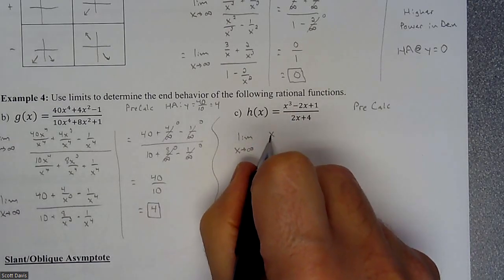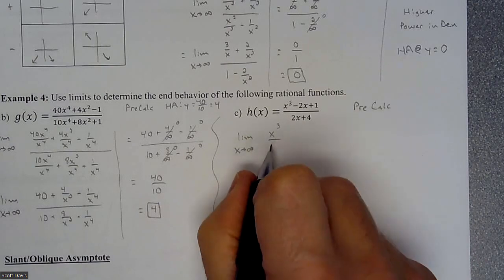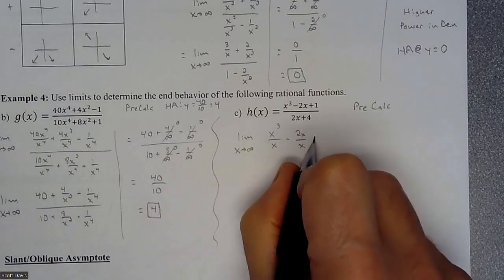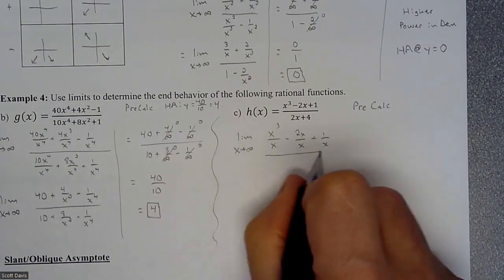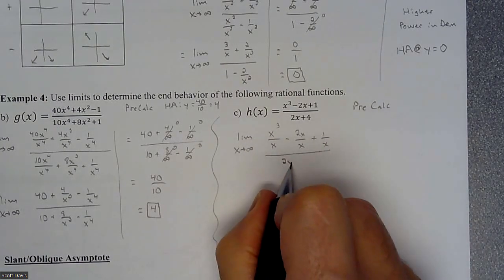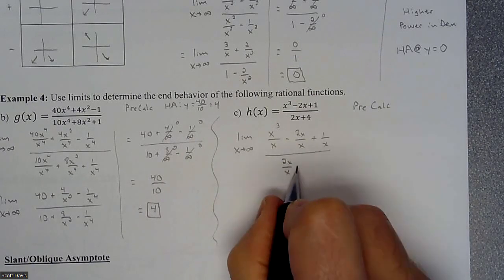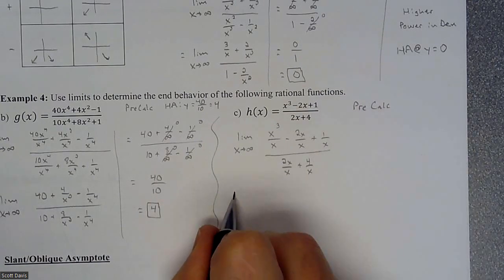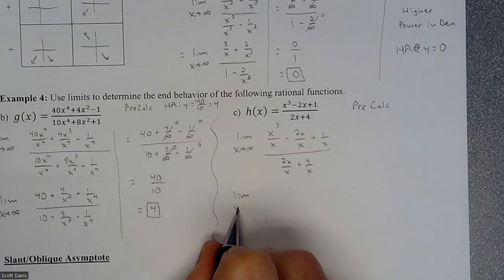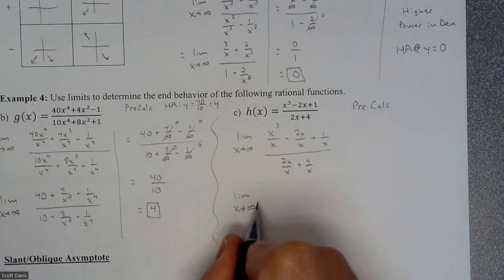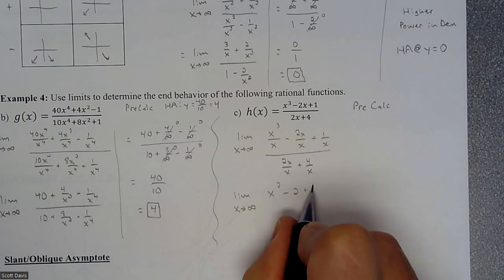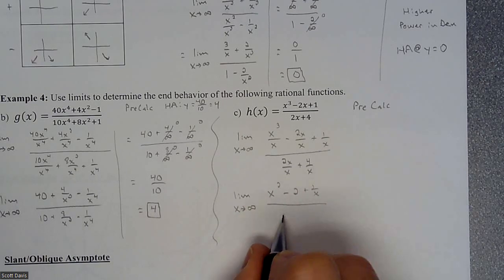So we're looking at x to the third divided by x minus 2x divided by x plus 1 over x, divided by 2x over x plus 4 over x. Right, so our limit as x approaches infinity, let's simplify this. We're looking at x squared minus 2 plus 1 over x divided by 2 plus 4 over x.